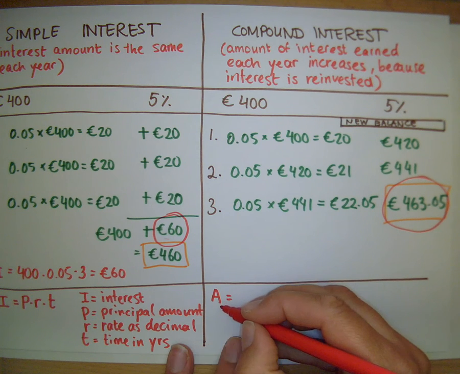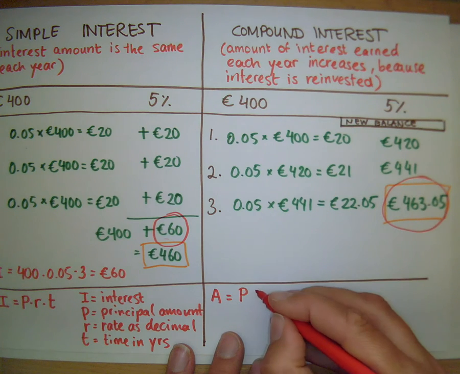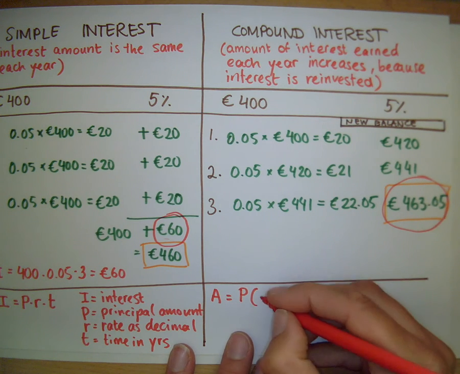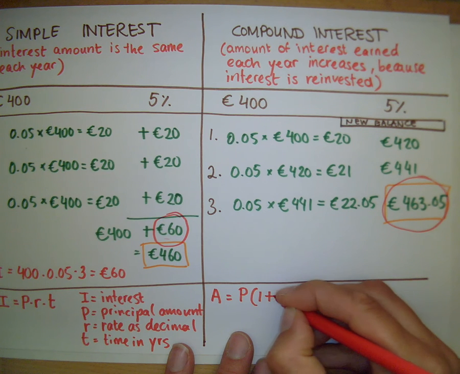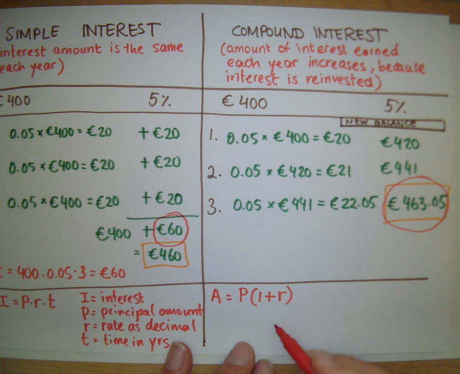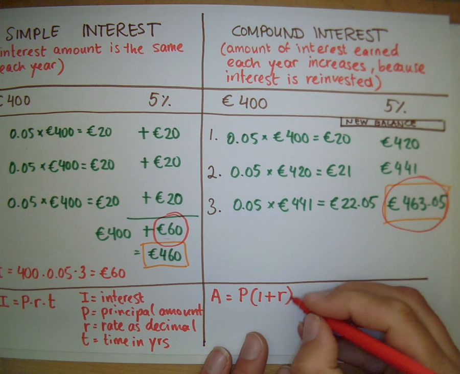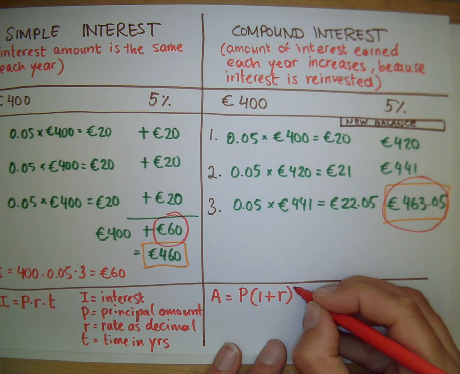The full amount we have at the end is the principal amount, the 400 euros we put in at the beginning, times 1 plus the interest rate as a decimal, and this reminds us a lot of percent increase because it's exactly the same, and then to the power of t.